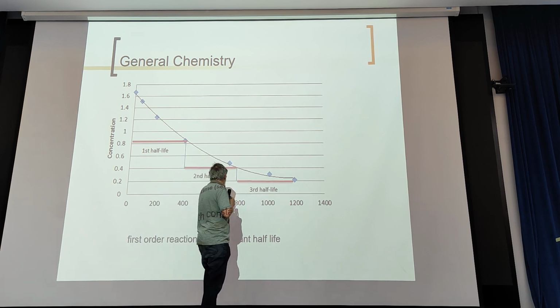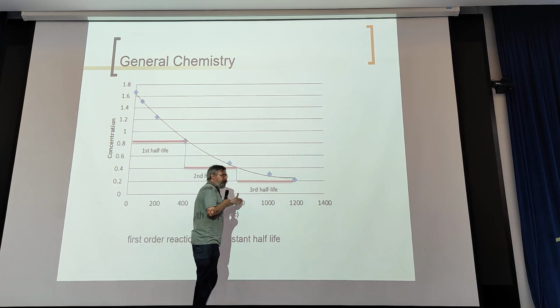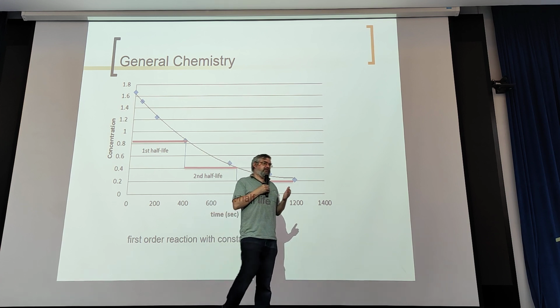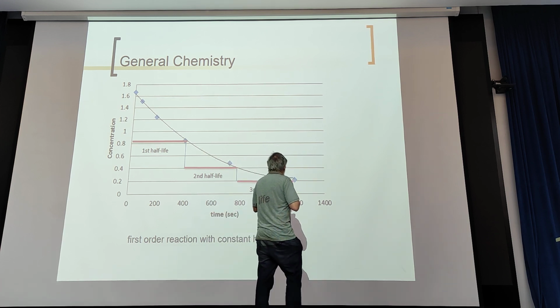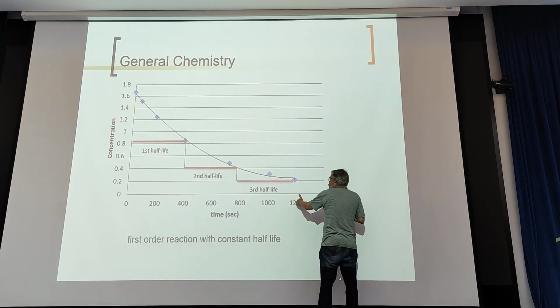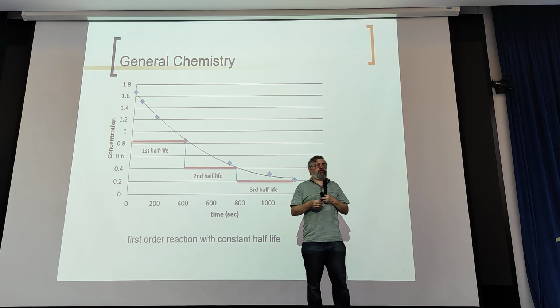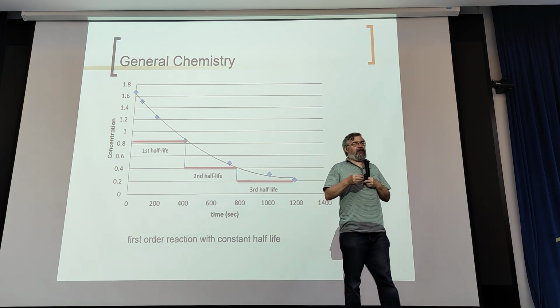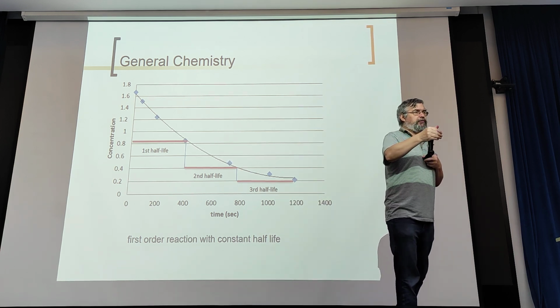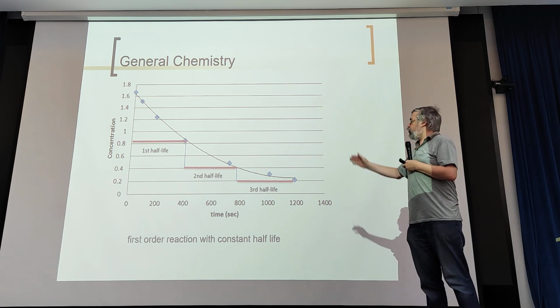We are at 800, 400, 800. You see, it's a constant. And if you go to 1200, that's a third half-life. That means we are at 1/8 of the original concentration. We divide by 2, by 2, by 2. 1/8, 0.2.